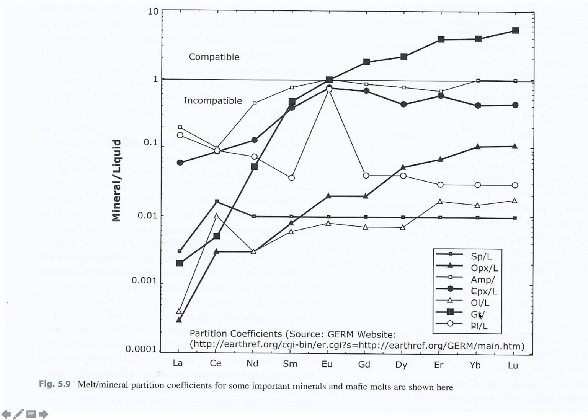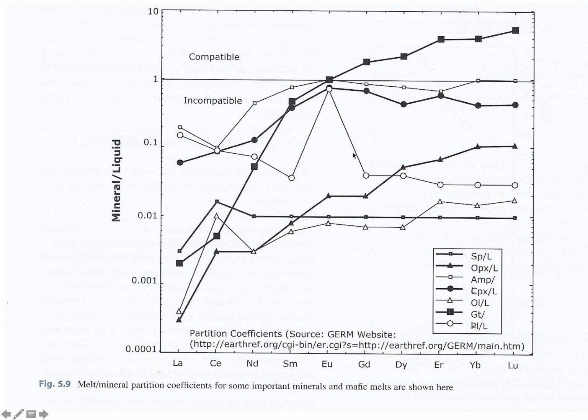And here we have the garnet and liquid. Here we have the heavy rare earth elements. They are very compatible in the garnet. And then we have plagioclase and liquid.